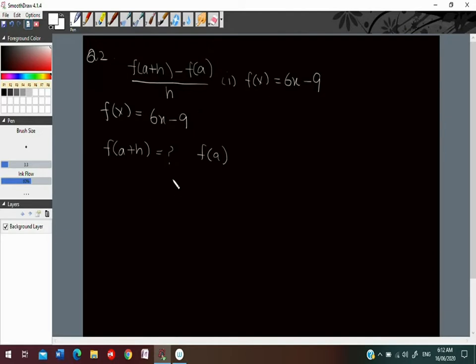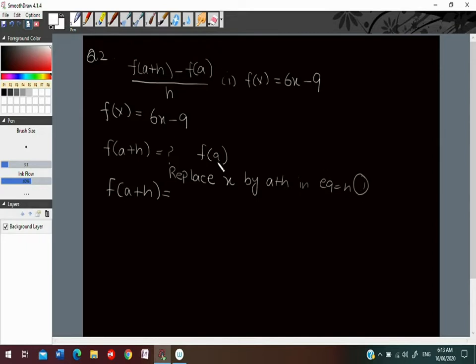So for f of a plus h, similarly as we have done in our previous question, we replace x by a plus h in equation 1.